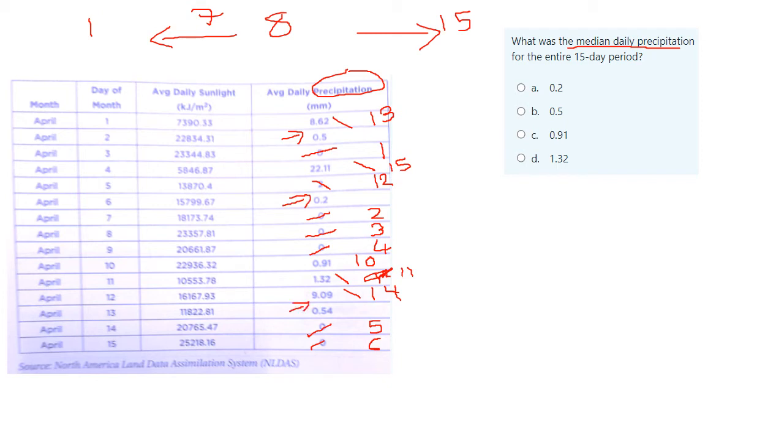So the next lowest would be 0.2, that's number 7. The next highest would be 0.54, so that's number 9. So the one that is left in the middle is 0.5. So the answer is B. In the exam, you might want to copy all these out on your whiteboard and then take them away highest and lowest.